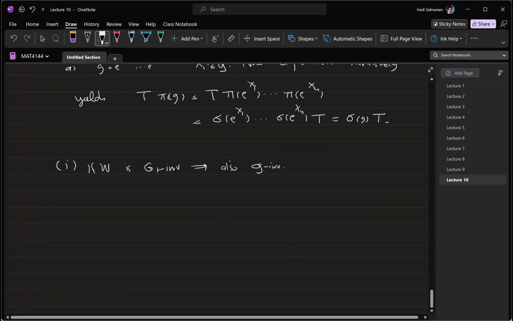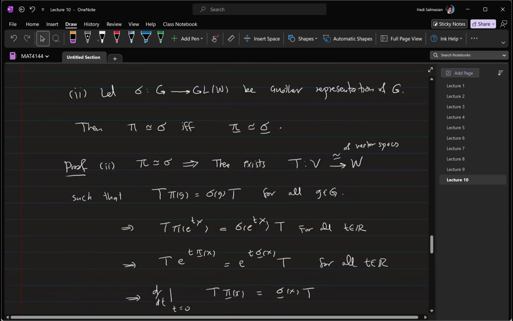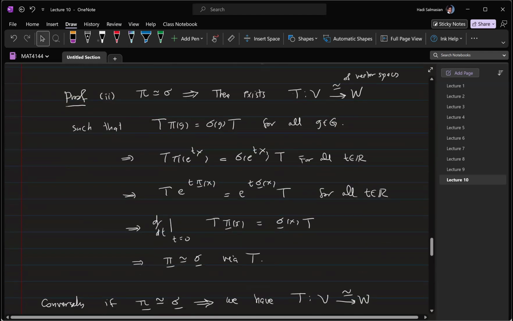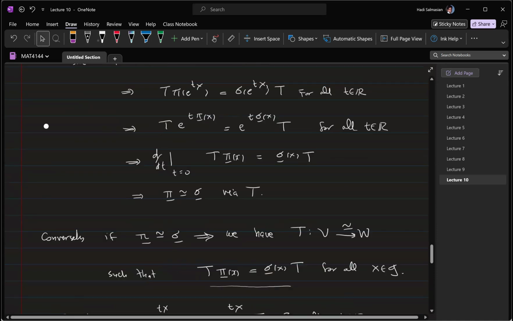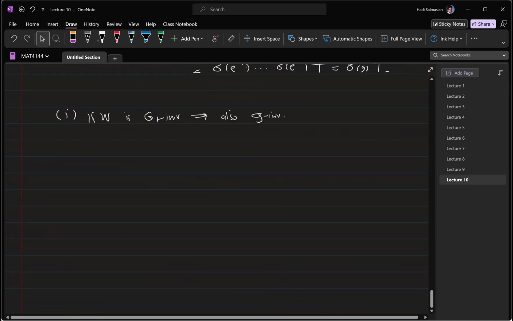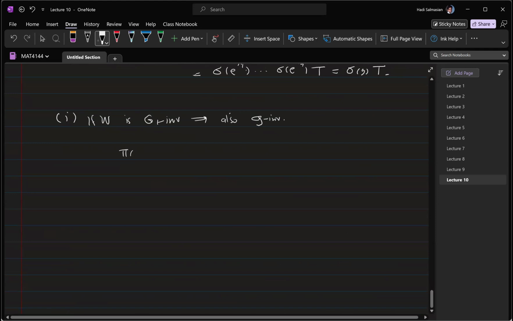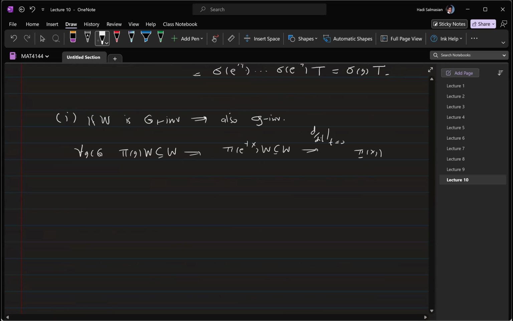The argument is really the same as the proof of the first direction in part 2. If pi g W is contained in W for all g in G, you can just take exponentials, and then by differentiation at t equal to 0, you get that pi underline x W is contained in W.